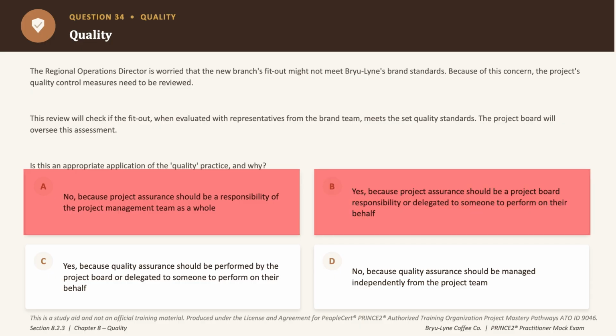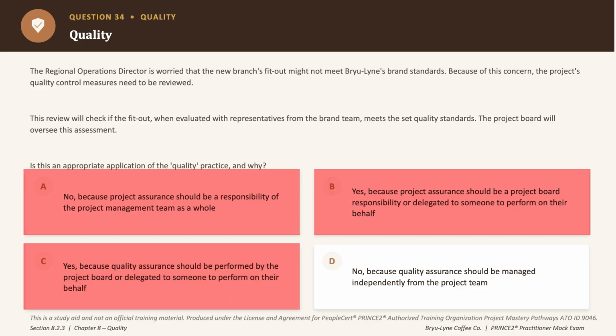Option C is also incorrect because quality assurance sits outside the project board's remit, and quality assurance is definitely not a delegated authority by the project board. So the correct answer to this question is option D, because quality assurance should be a function from the business working independently of the project team and also independently of the project board as well, due to obvious conflict of interest. Okay, so the correct answer to this question is option D.